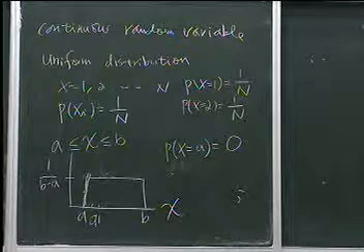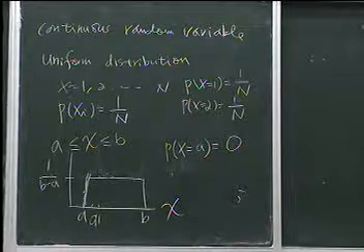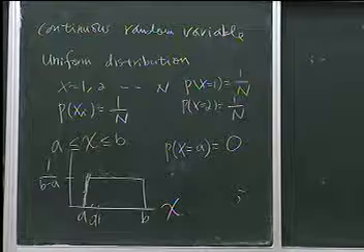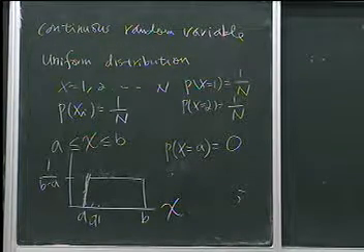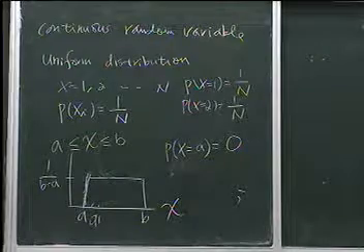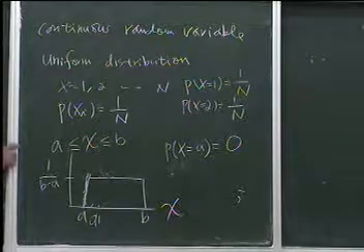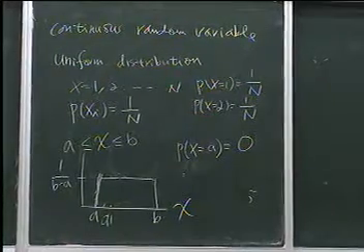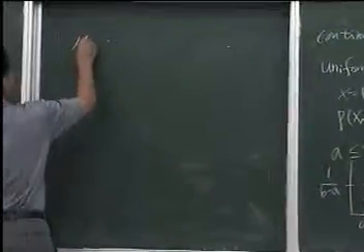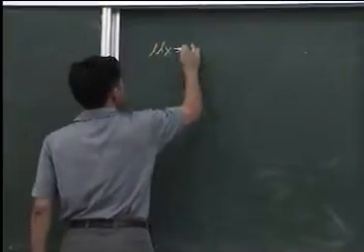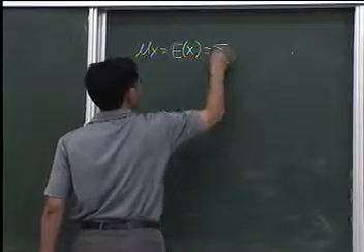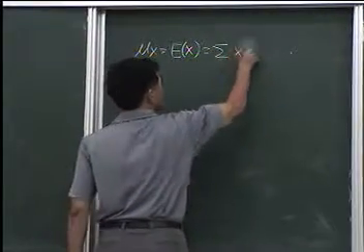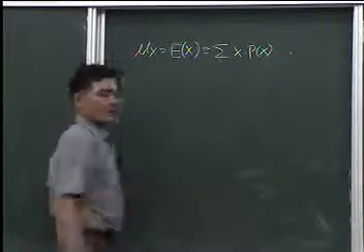Okay, let us get to the mean and variance. Just try to get yourself familiar again with the formula. So if it is discrete type, we say mu x is equal to expectation of x, and that is equal to summation x times P(x), okay?